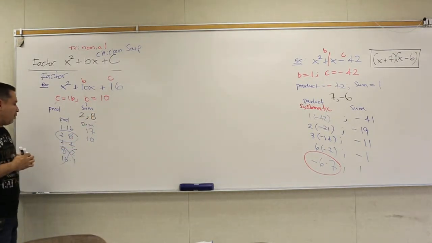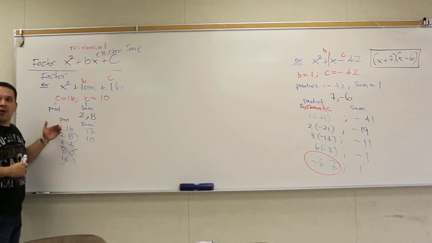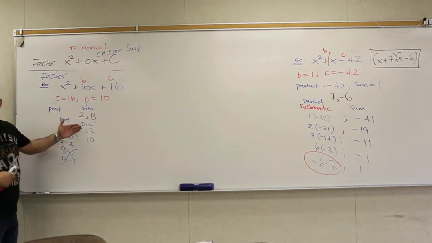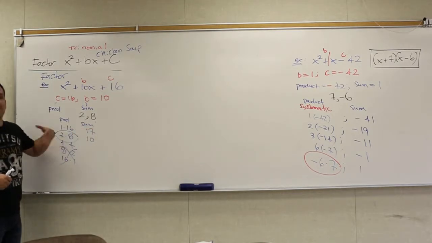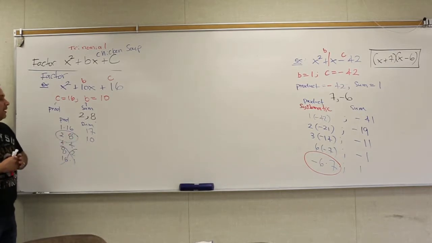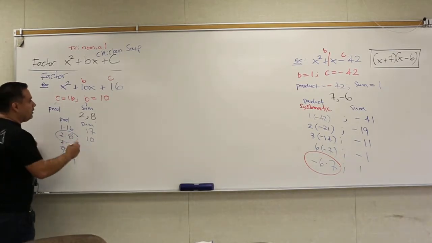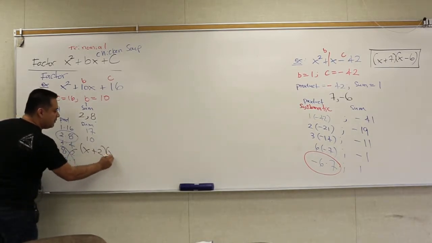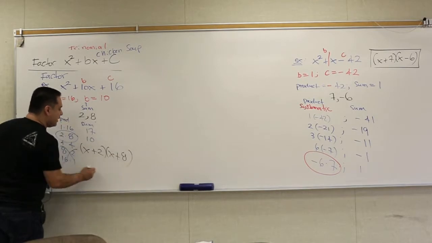So some people in their head go through this systematic approach, and then they find the sum the same way. This is what some people are really doing. You see what I'm saying? Now, what's the final answer? What are you guys going to say? X plus 2 times x plus 8.